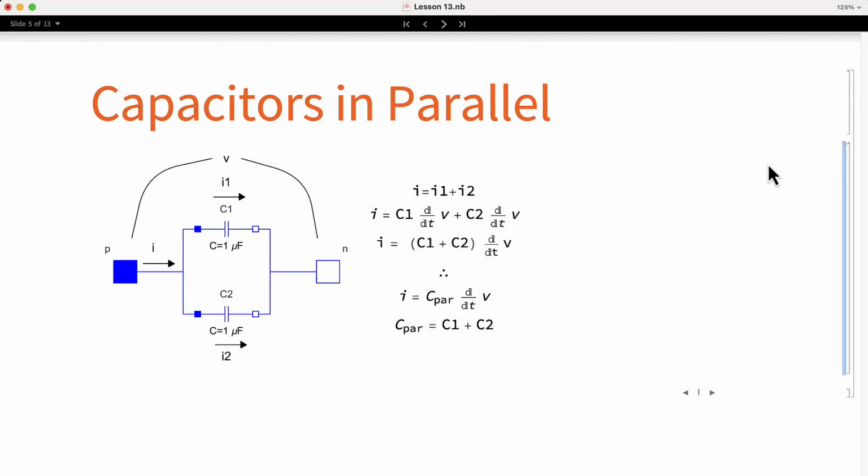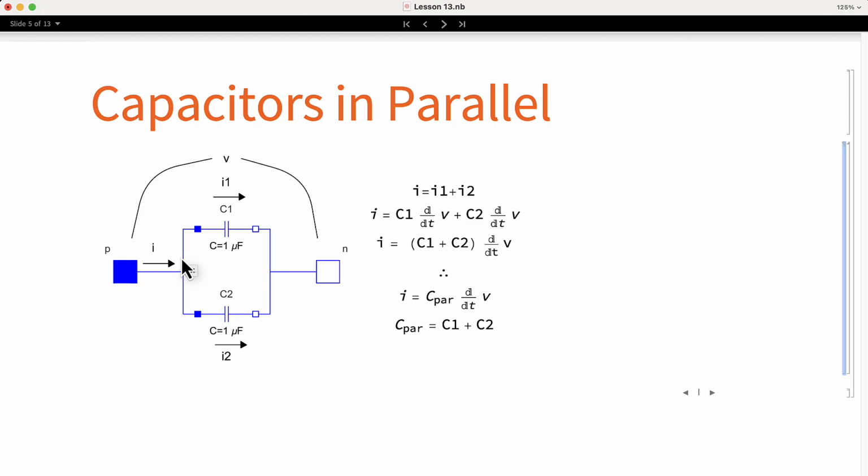Continuing with the analysis methods, let's start by determining the formulas to calculate capacitors and inductors connected in parallel and series. When we have two capacitors connected in parallel, like in this diagram, we can see that there is a current represented by the symbol I that enters into the two capacitors C1 and C2.